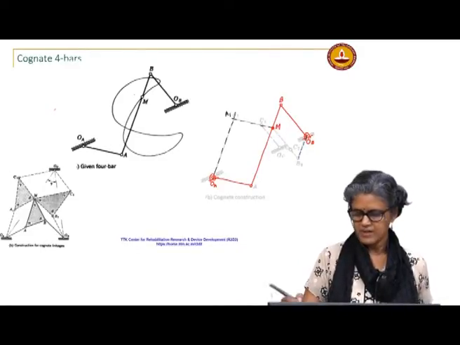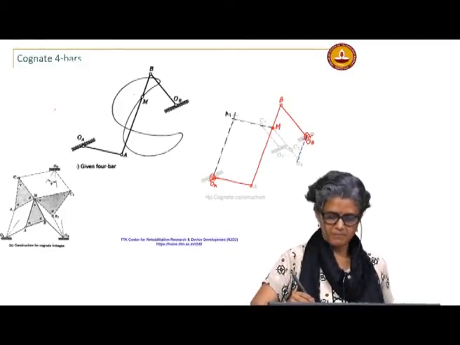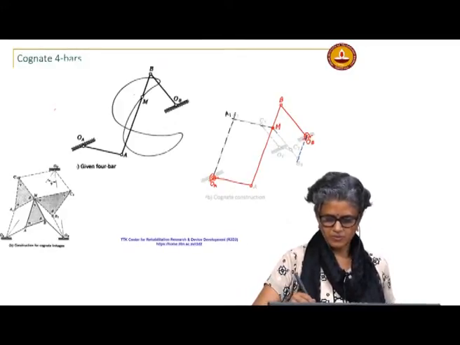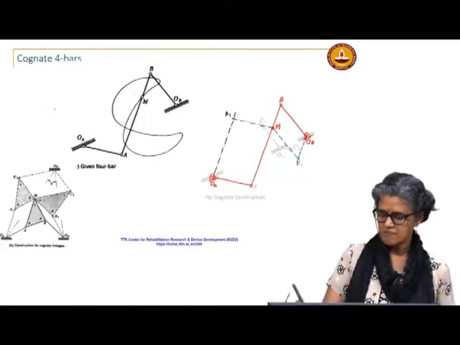So, B1 will lie here and then from M parallel to OB. So, this intersection will give me B2.